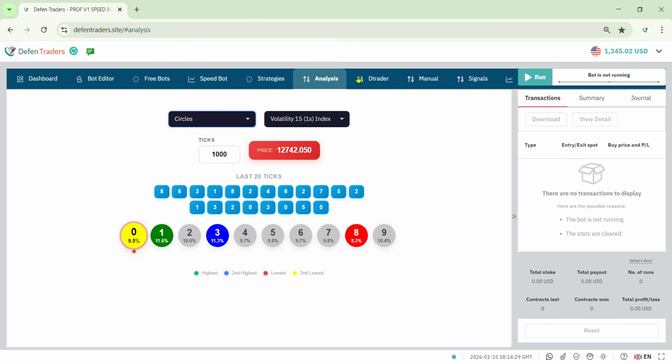Now you can see the market has shifted to the under 5. So we can say from this simple observation that the under 5 market is strong compared to the over 5. The upper part, 0 up to 4, is strong compared to the lower part, 5 up to 9.